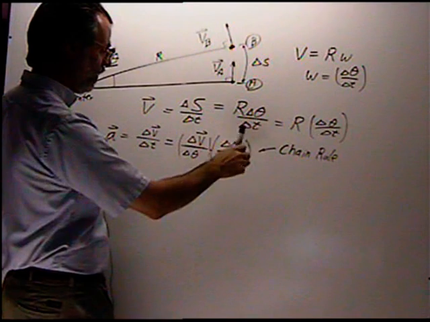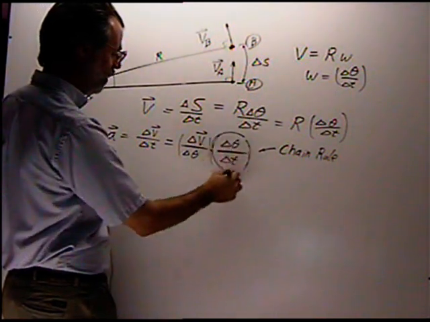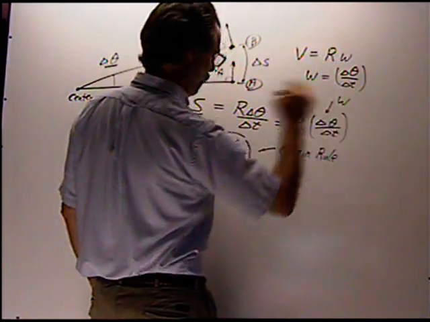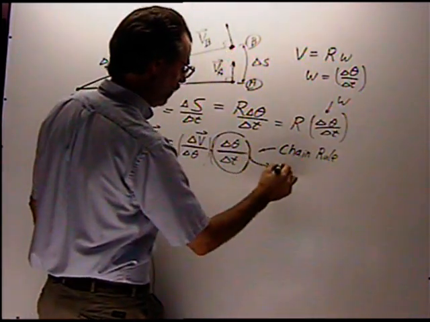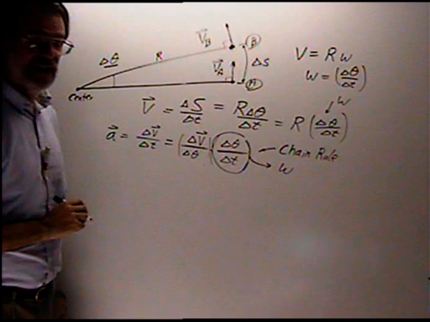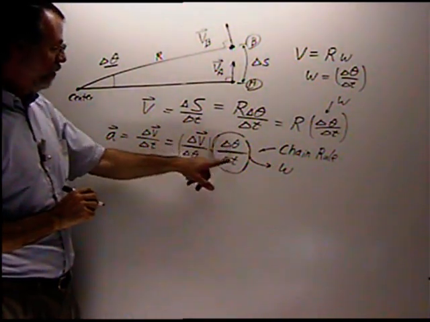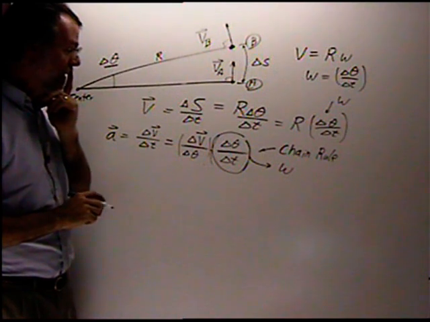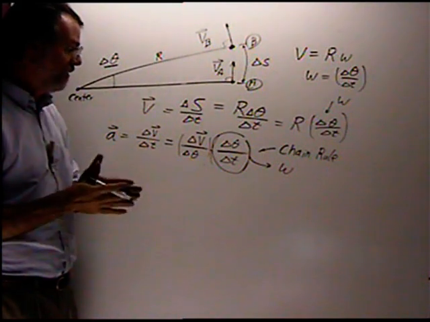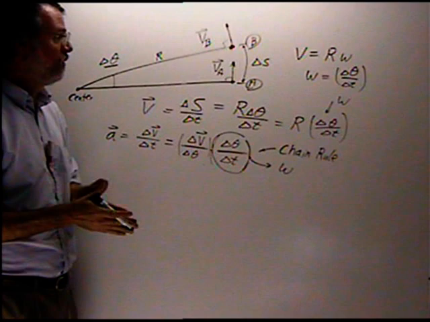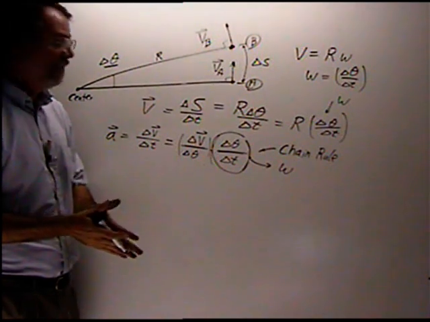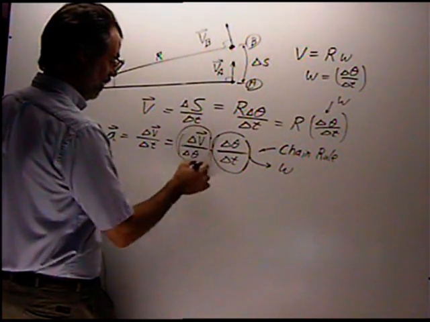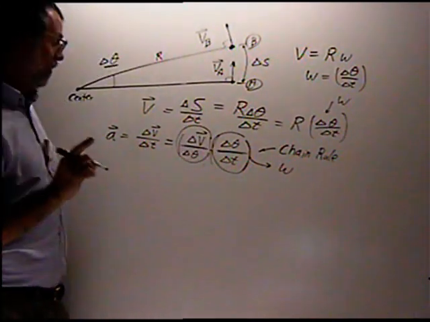The second term right here, you'll recognize this as omega. This term is nothing more than angular frequency. It's the number of radians per second. So that's actually easy to understand. Now, this first term, however, is a little bit harder to understand.